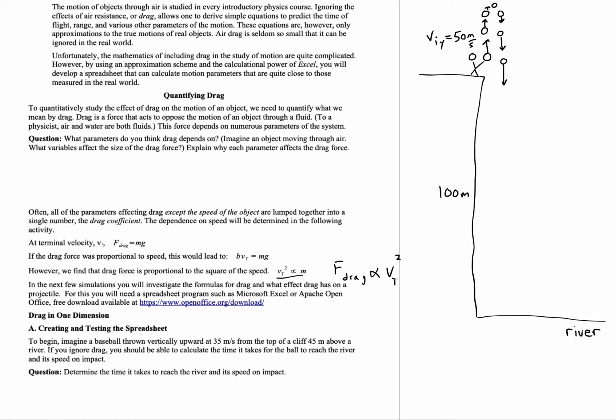For me, what I would do to solve that is, if we want time, we'll do delta y equals 1/2 AT squared plus VIT as one option.